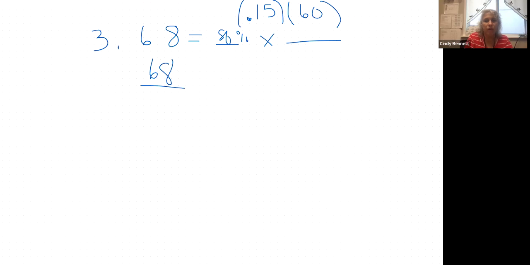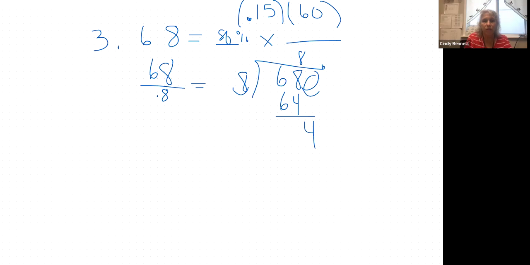In this case, you change the decimal, move it over two places to the left, you get 0.8. So now you have 0.8 into 68. And remember your decimal rules, multiply by 10, multiply by 10. 8 goes into 68 8 times. Then you get 40. Then you get 5. Okay, so that is that.